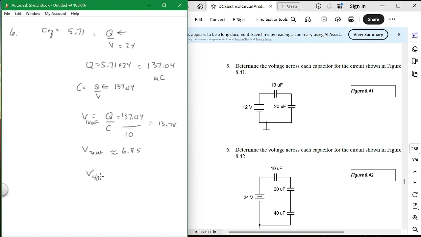V across the 40 would be about 3.42 or something like that. And these all have to add up to what? 13, 6 point something, and 3 point something have to add up to what? 24. Any question? Okay, that's that one.